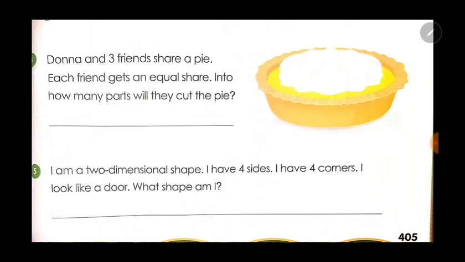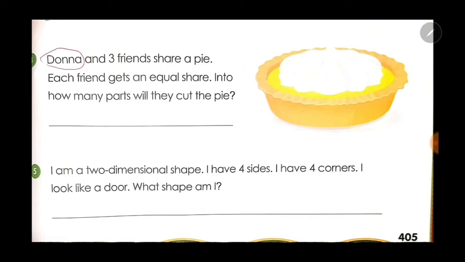Number 4. Donna and 3 friends share a pie. Looks yummy. Each friend gets an equal share. Into how many parts will they cut the pie? So Donna and the 3 friends.